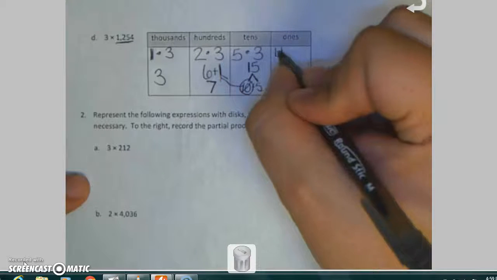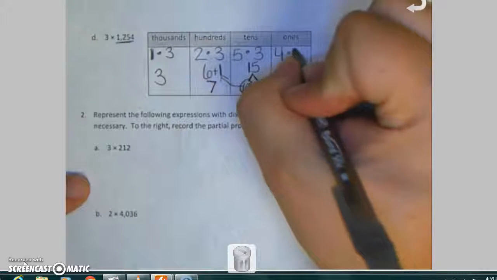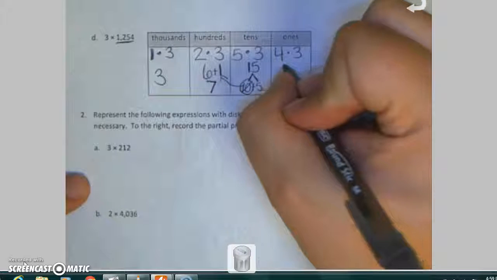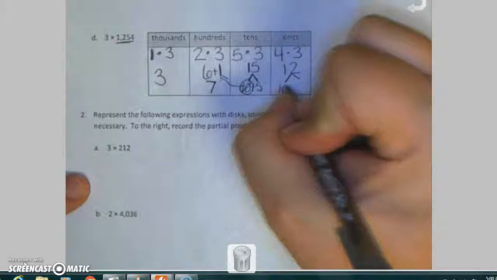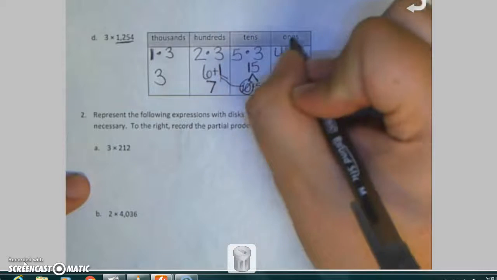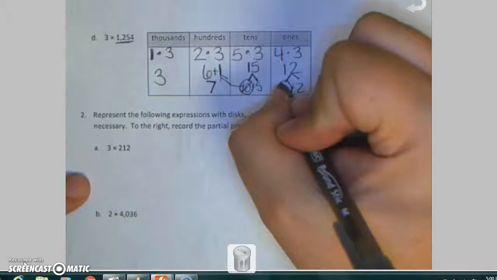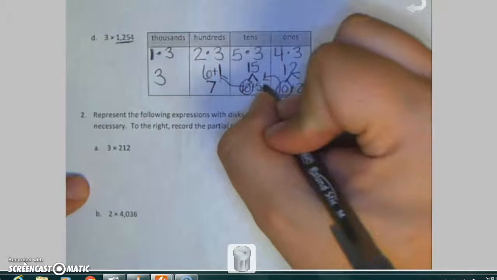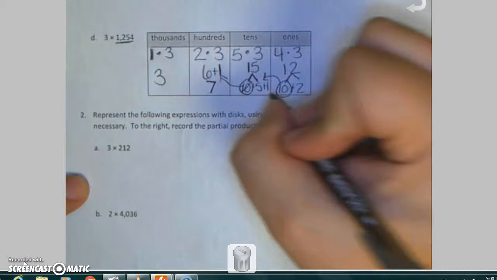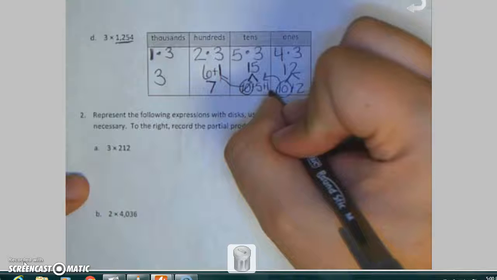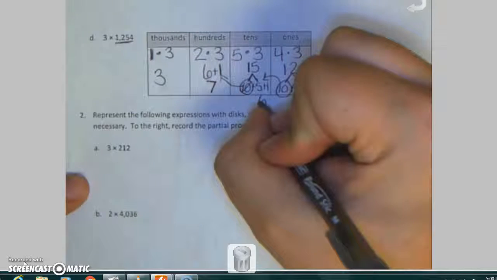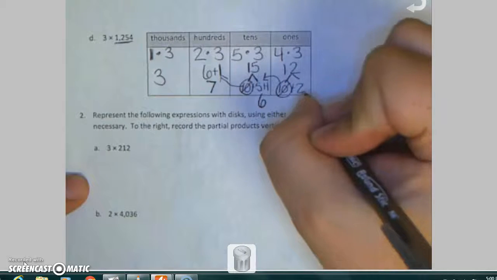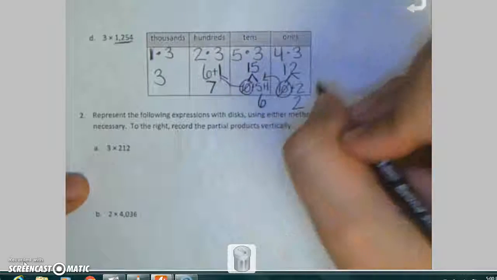Then I would do 4 ones times 3, which is 12. Same thing here. 12 is 10 plus 2. I know that 10 ones will make 1 ten. So now I had 5 tens, I have 1 more ten. Now that gives me 6 tens. And I only have 2 ones left over.